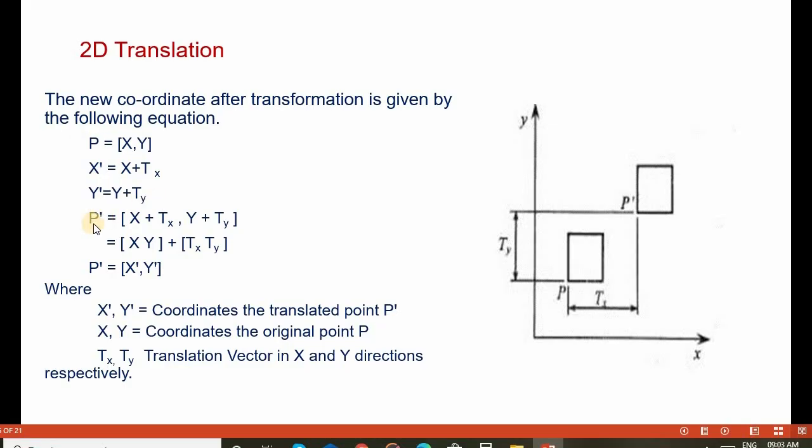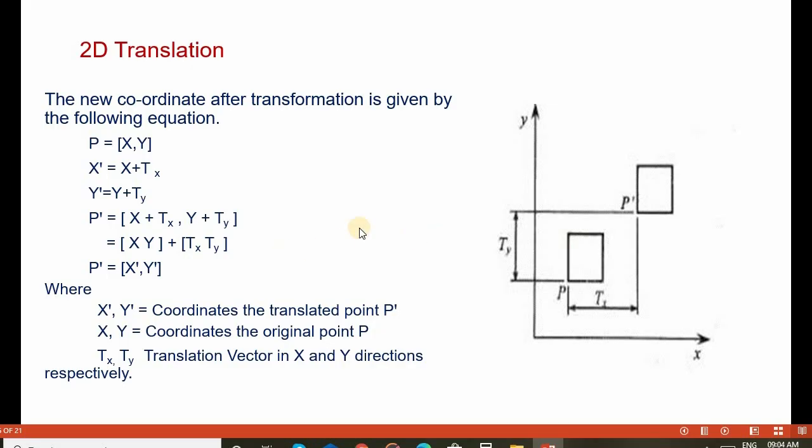So that we'll get the final translated point P dash. P dash is equal to (x plus Tx, y plus Ty). So finally we get x dash and y dash. The image shows P, the original object or original image.